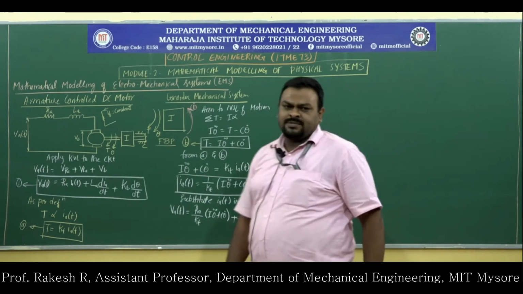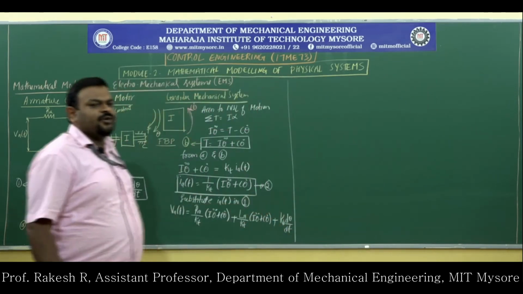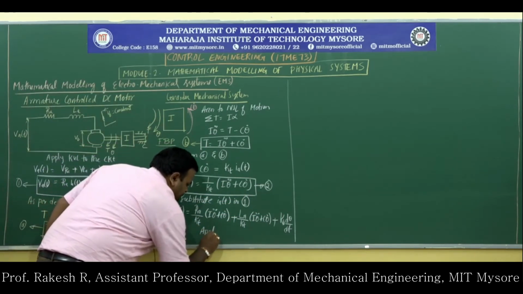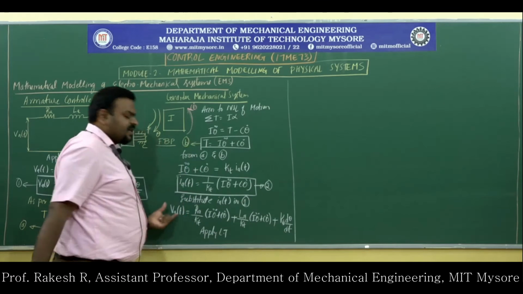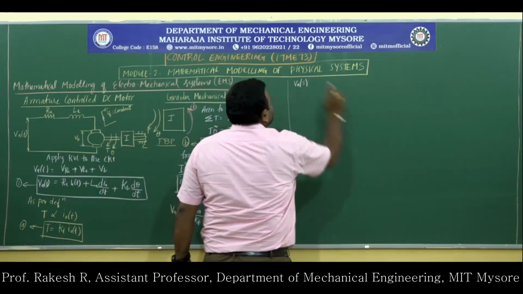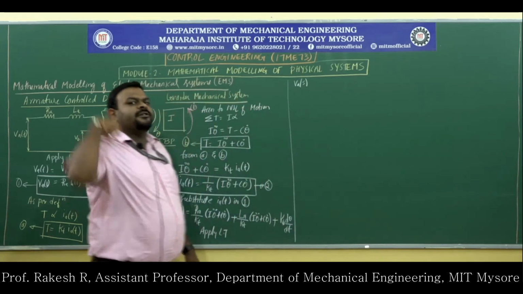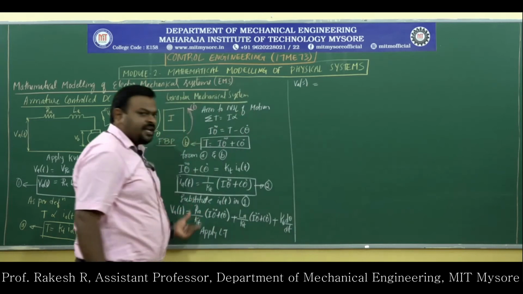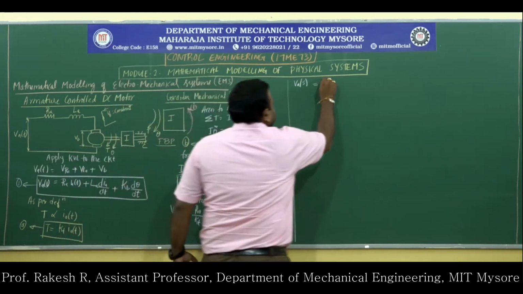So for this equation I need to apply Laplace transformation. So apply Laplace transformation. What will we get? VA of T will be VA of S. So the time domain is changed to frequency domain. That will be equal to RA by KT constant.